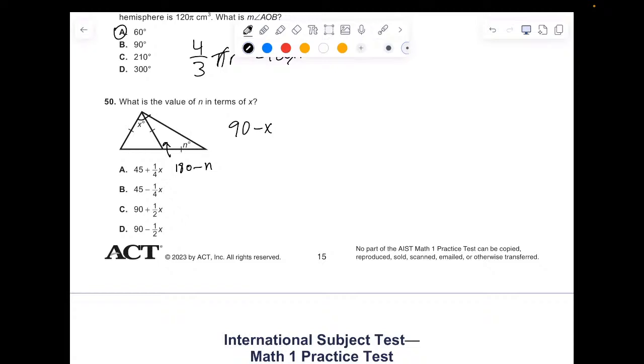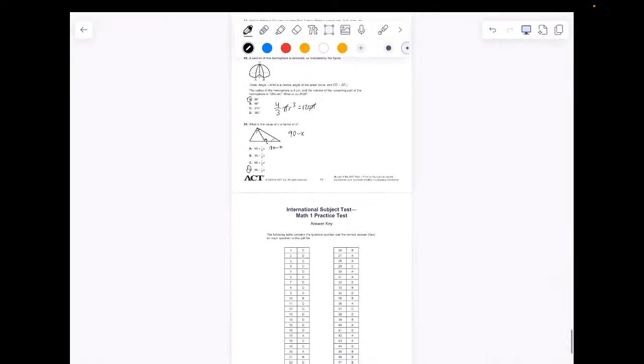These are similar isosceles triangles. Would it be D? I'm unsure. Alright.